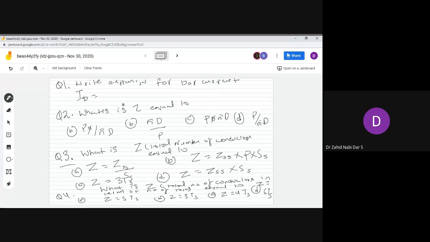So IB expression, I want you to write bar current. How do you write it? Because you just now saw it. If I give you the options, I will be able to answer, so that's why I'm not. So I want you to write this.